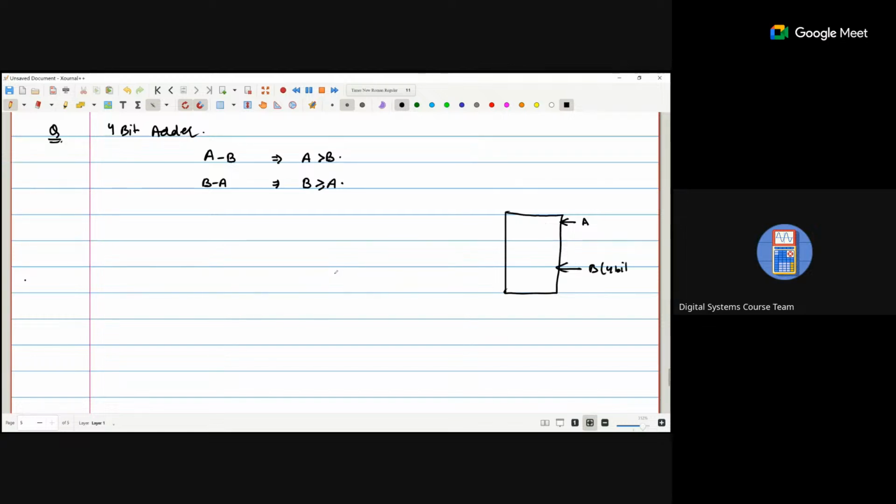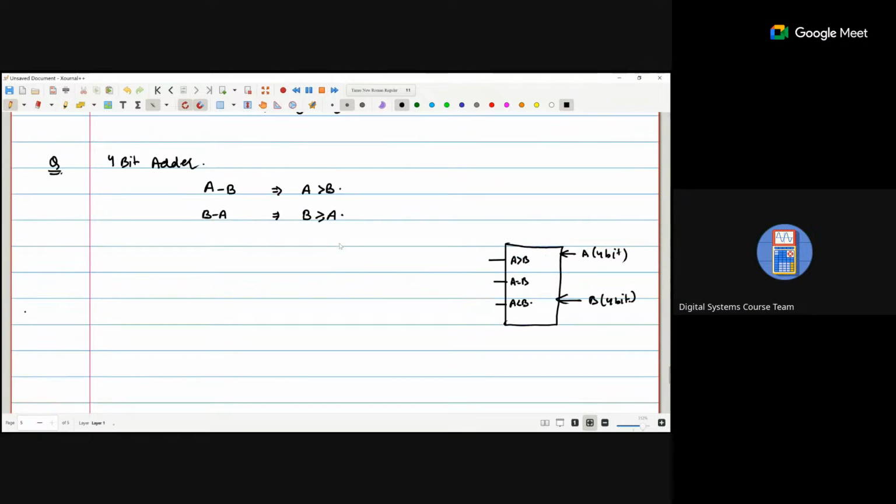It is 4 bit. Again, it is 4 bit. And we are getting the A greater than B, A equal to B, A less than B.